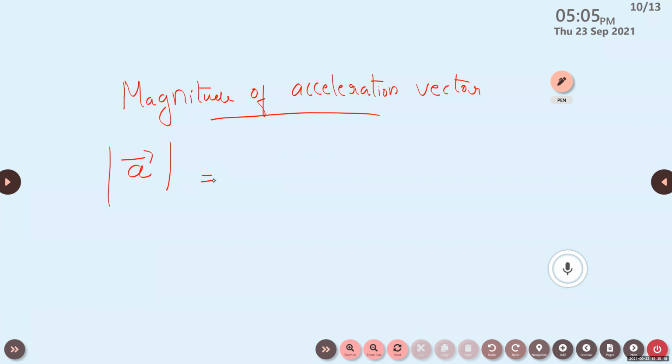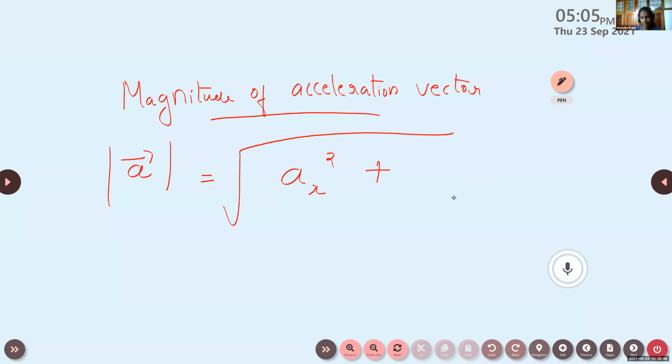Yes, magnitude of vector A, or modulus of vector A, is equal to the square root of acceleration along the x-axis, Ax square plus Ay square.